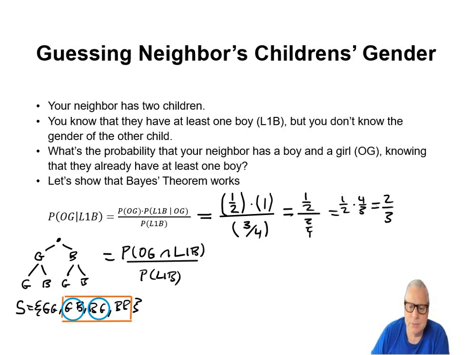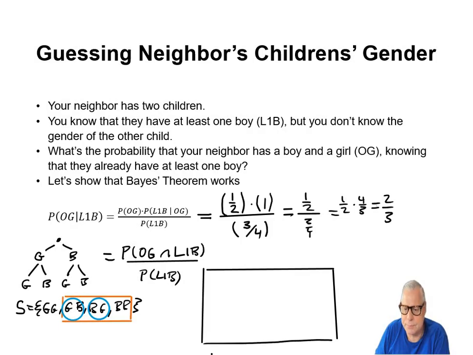And to be complete, we could also display it in a Venn diagram. So let's make a Venn diagram. Let's say we have two events.